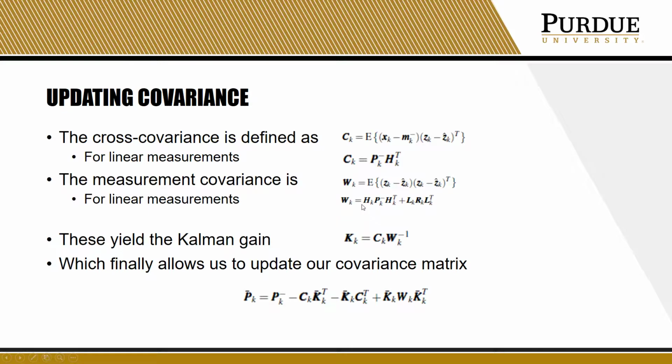For a linear measurement, this simply becomes H P before updating H transposed plus L R L transposed. We can use these to calculate the Kalman gain from the previous slide. K_k is equal to the cross covariance times the inverse of the measurement covariance. And now we have everything we need to calculate our updated covariance matrix, which is simply the covariance from the previous step minus C_k K transposed minus K C_k transposed plus K W_k K transposed.